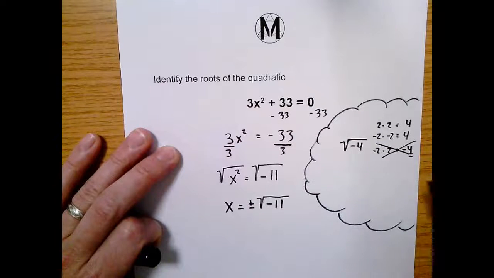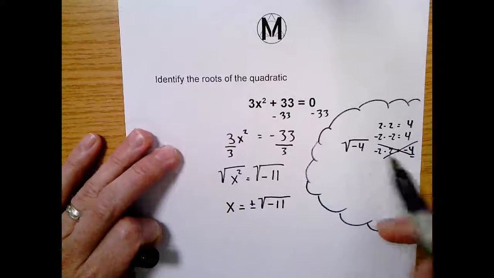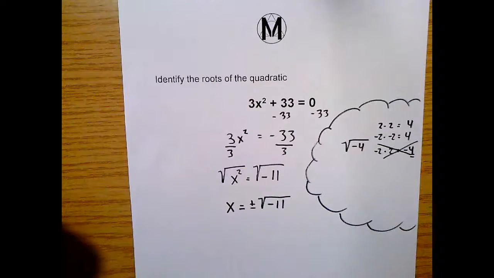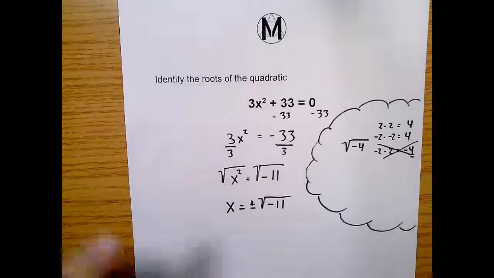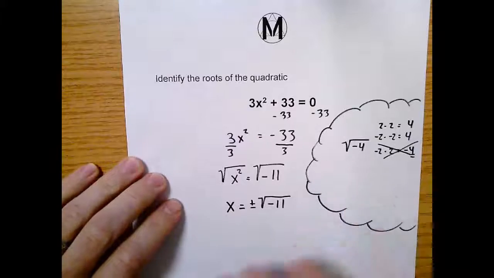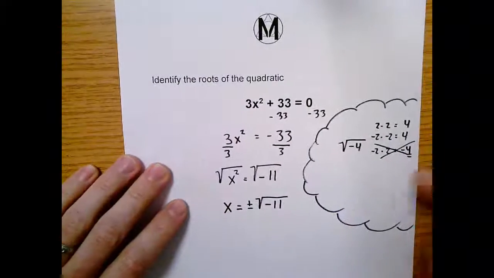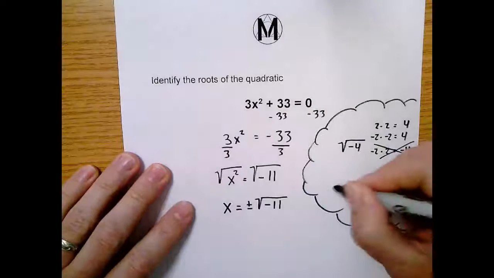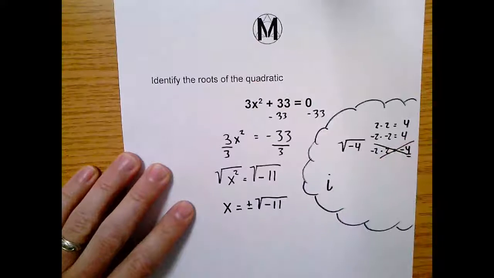So you can see here that you can never find the square root of a negative number, at least not in the realm we live in. But we can journey to the imaginary realm, and that's where we're going to go with this. You see, there is an imaginary number. In math, it has been decided that in the imaginary realm, you can find a number, and that number is called i, and i stands for imaginary.